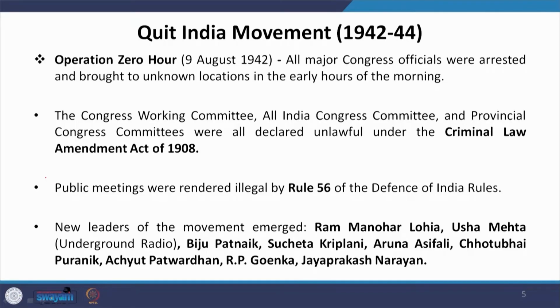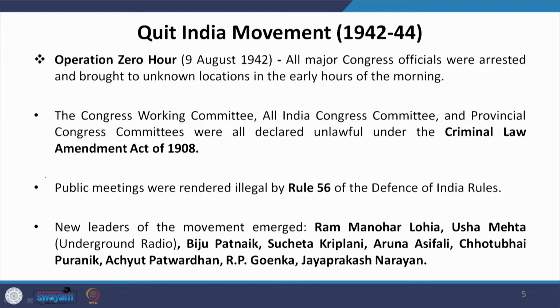While talking about the Quit India movement, we need to look at the different incidents that can be described within this movement. One was the Operation Zero Hour on 9th of August 1942, where all major Congress officials were arrested and brought to unknown locations in the early hours of the morning.